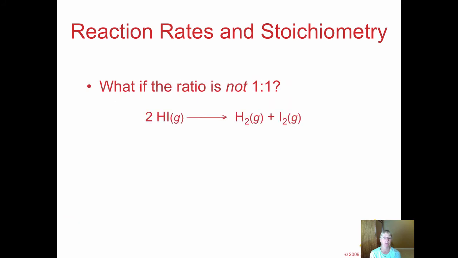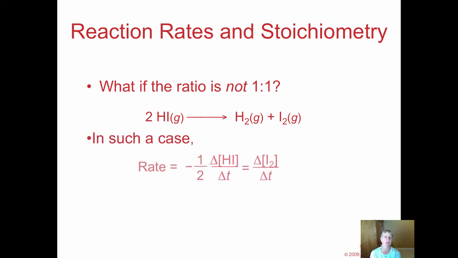But if your ratio is not 1-to-1, as expressed in this reaction, where 2 hydrogen iodides make 1 hydrogen molecule and 1 iodine molecule, or mole of molecules, now what we have is a different situation. And the way that this rate is being expressed is you will take the inverse of the coefficient preceding either each reactant or each product.